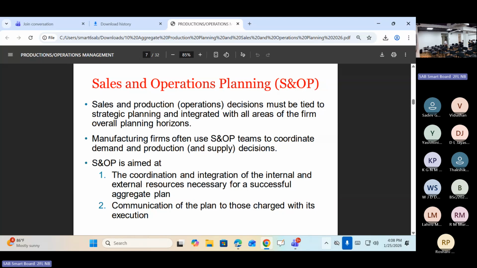And as you can understand, when these different departments come together, their concerns, their constraints, and their inputs can be discussed together and put together, and they can make the final decisions faster.